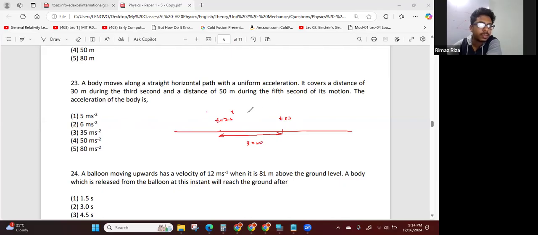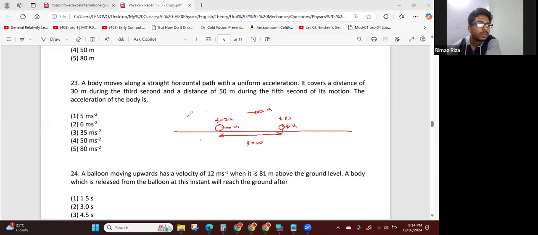Okay, and then the acceleration we don't know, and it has some velocity here, let's say u1, that is also we don't know. Here some velocity, that one also we don't know. So from this we can't get like that, no?